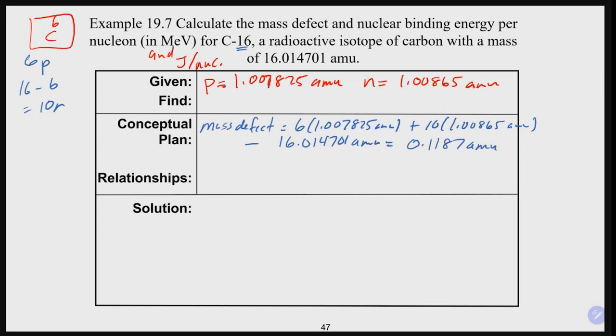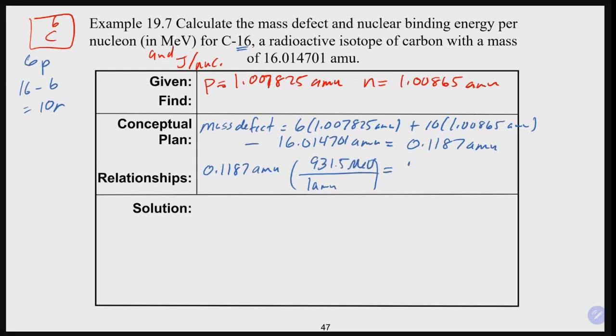As I mentioned, you could go into Einstein's equation, or you could use the conversion. Since we're going to do both units here, I'm just going to roll with the conversions. So 0.187 AMU. 1 AMU is going to be 931.5 mega electron volts. So that will directly convert me to where I want to be.